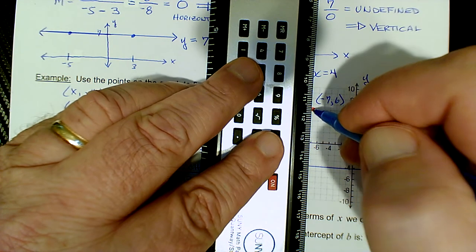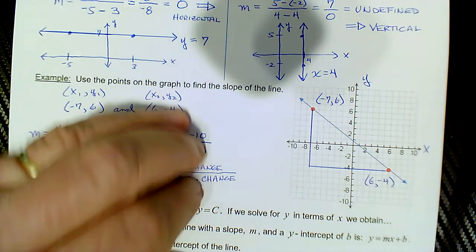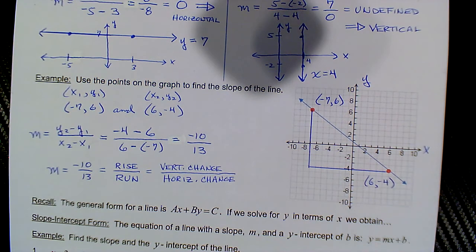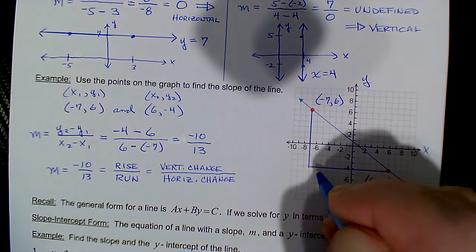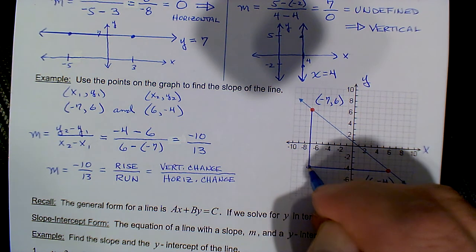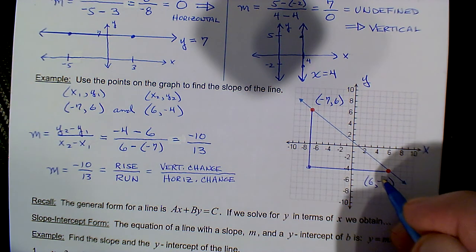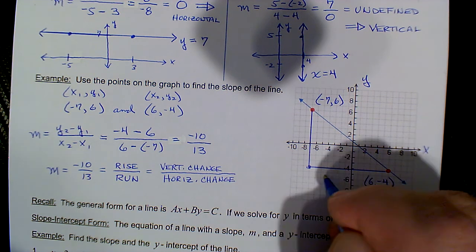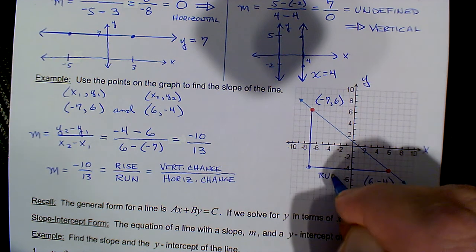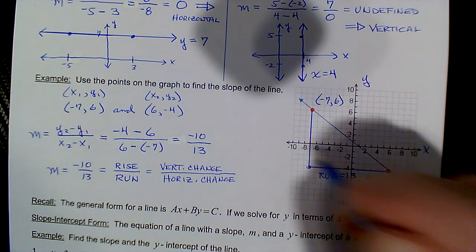Okay, so recall that we have the general form for the equation of a line. It has x's and y's and a number. If we actually solve for y in terms of x, we obtain a very special form, and that's referred to as slope-intercept form.